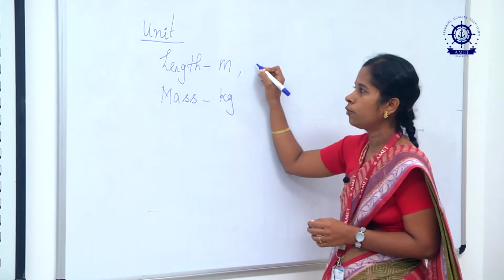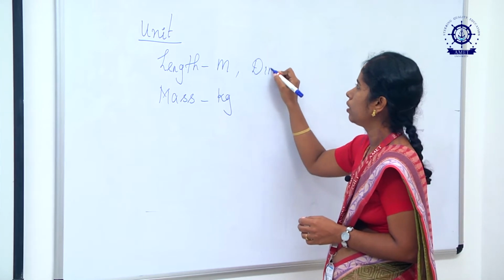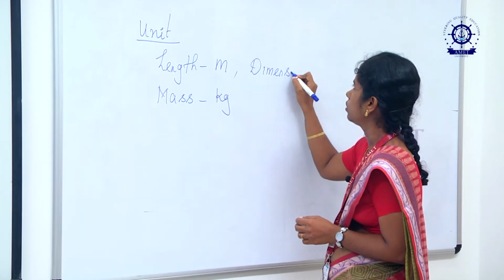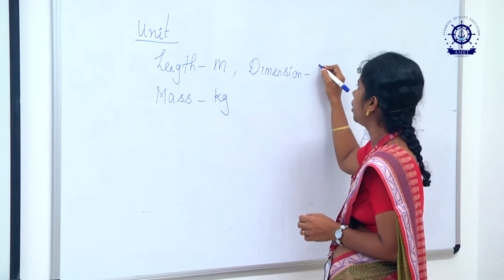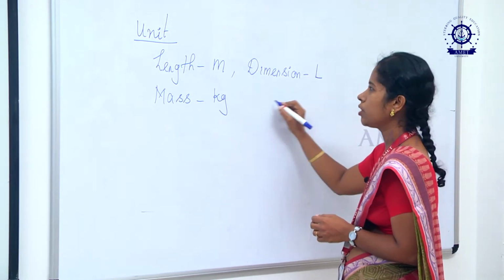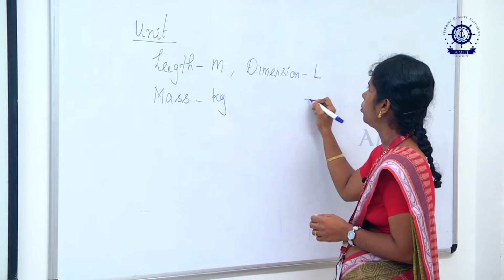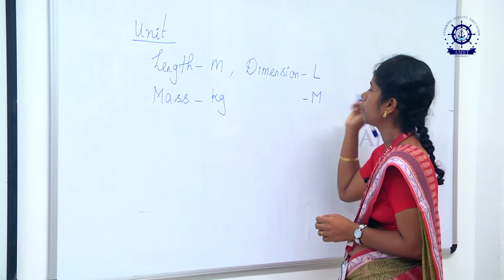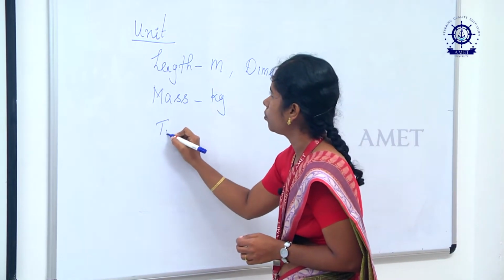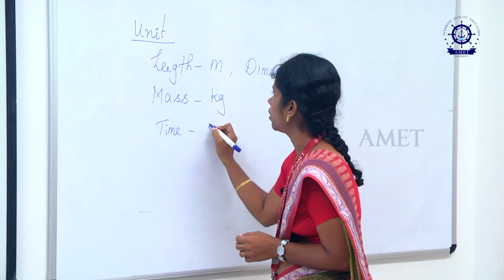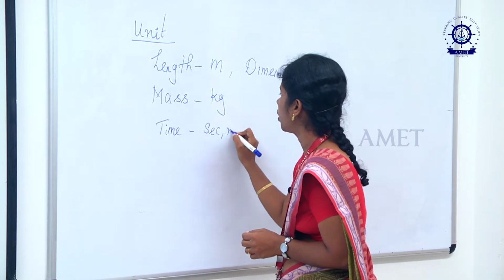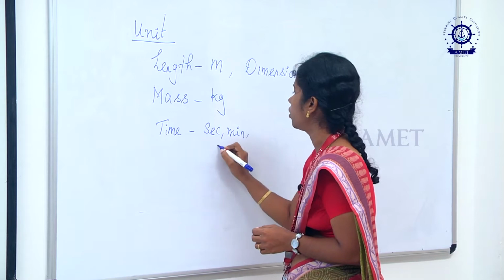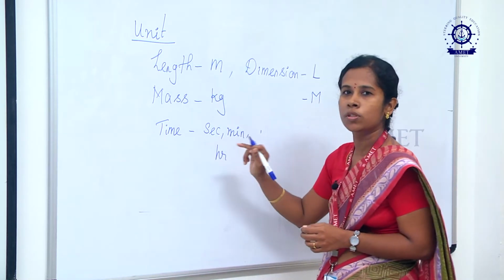The dimension for length will be represented by L. The dimension for mass will be represented by M. The time unit can be second, minute, or hour. These are the possible units.